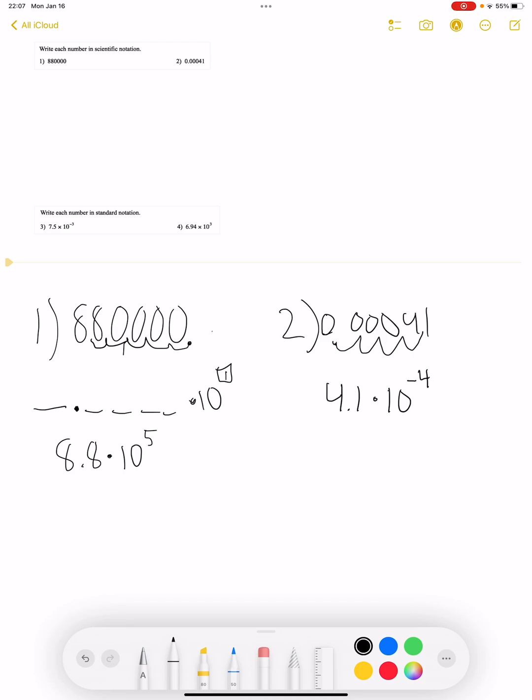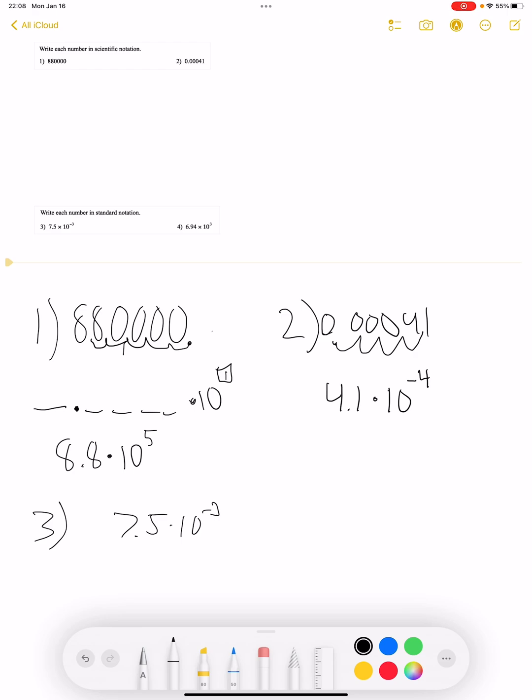Now I can also go the other direction. So for problem 3, I have 7.5 times 10 to the -3rd. Once again, the -3rd means to go backwards.